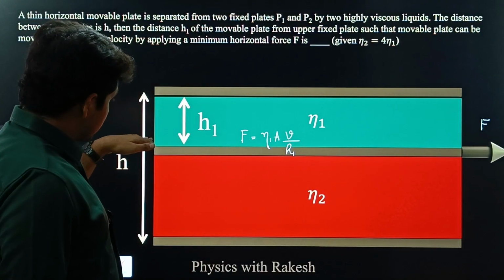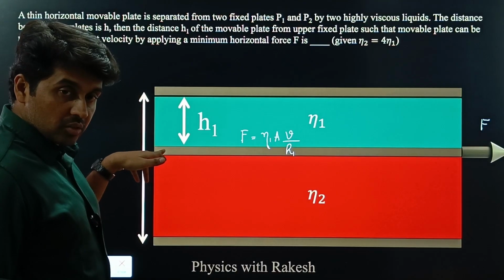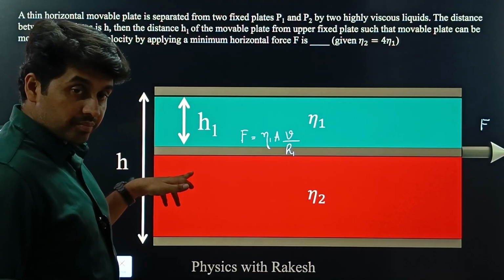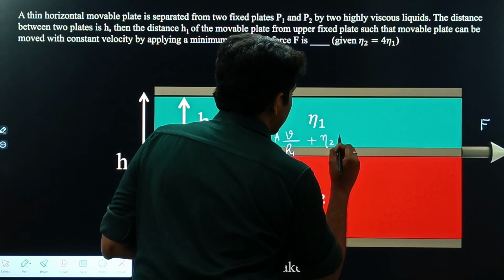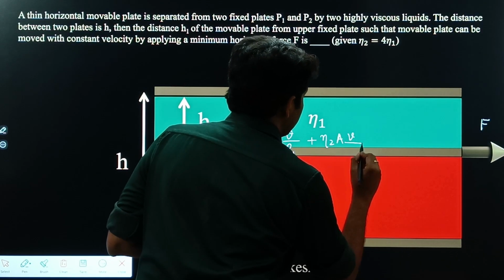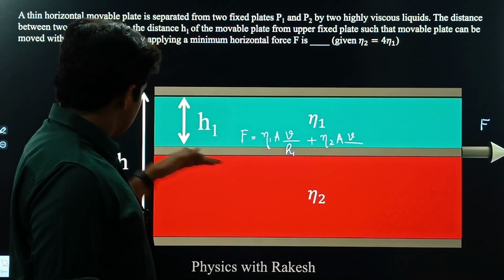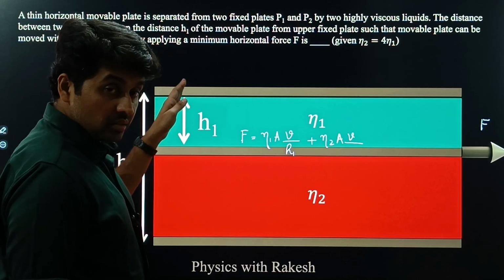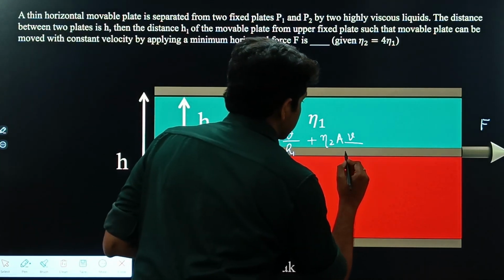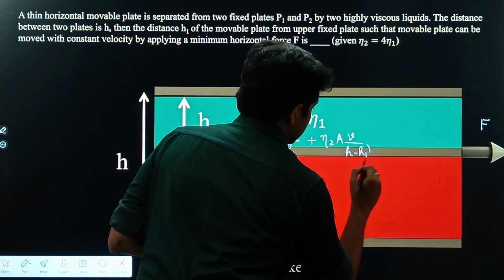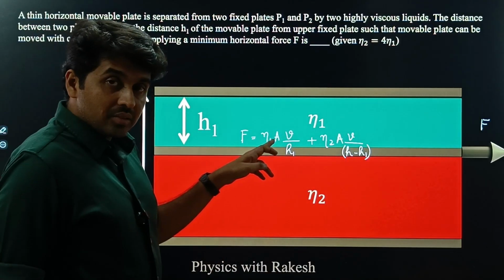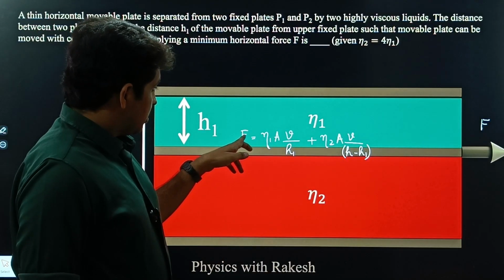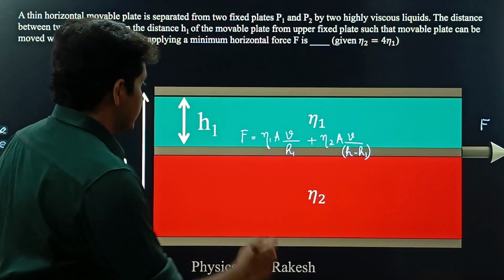Now here also there will be a viscous force because of this liquid, plus eta 2 A V by the same speed. What is this length? H minus h1.